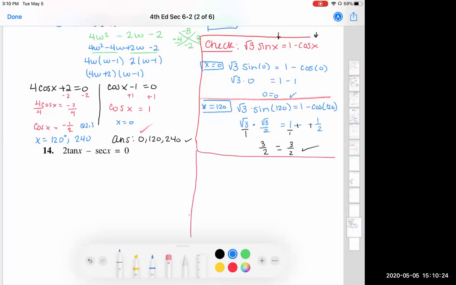All right, let's go ahead and check our last one, 240. 120 worked out. Let's check 240. So if we plug it in, we're left with square root of 3 times sine at 240 is equal to 1 minus cosine at 240. Let's take a look at 240.